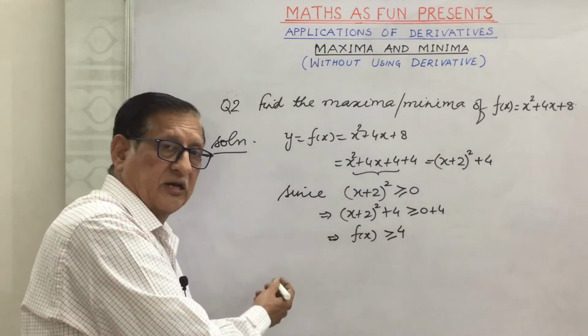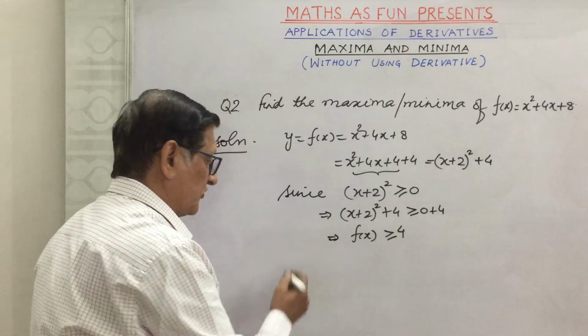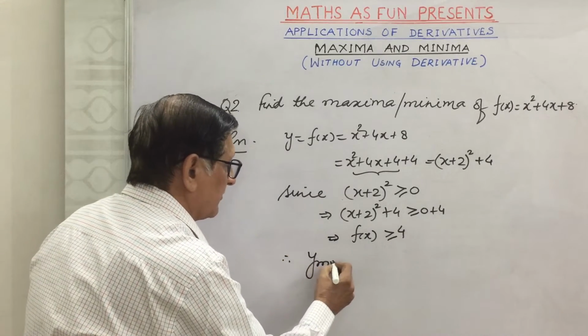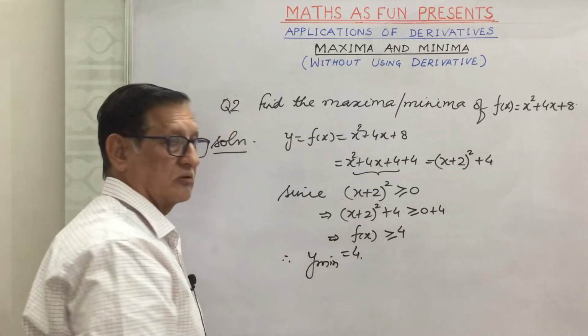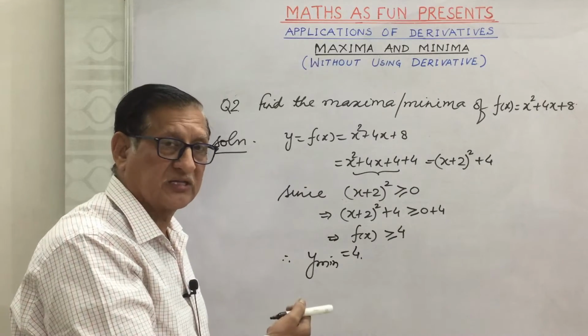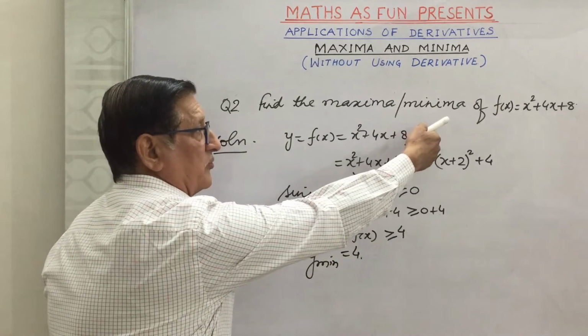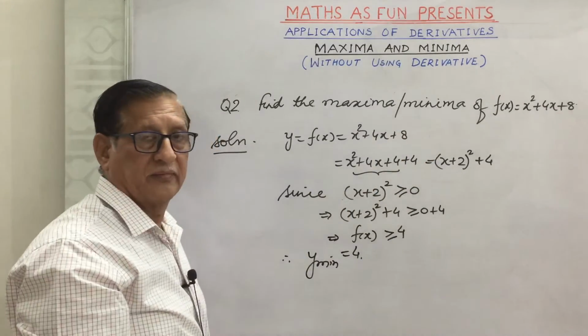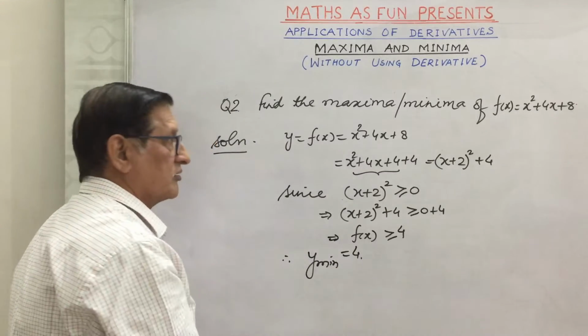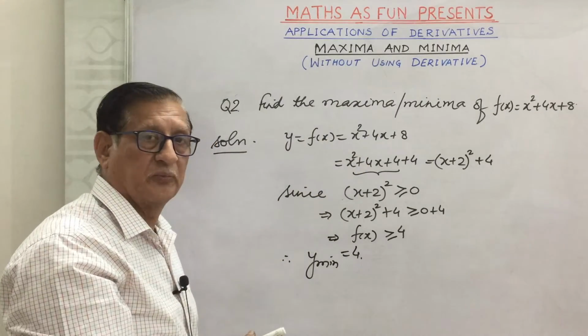Therefore, we can say that the minimum value of f(x) is 4, or we can write y minimum is equal to 4. What about the maximum value? Since it is a polynomial with positive leading coefficient, it may go up to infinity on the positive side.